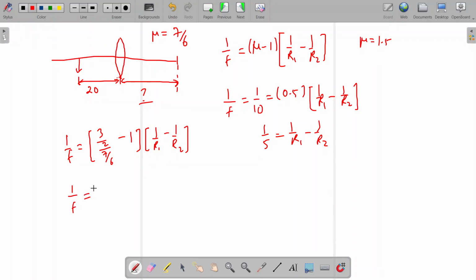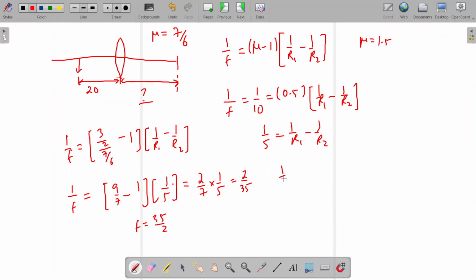So this gives us the value of 1 by f as 9 upon 7 minus 1, into 1 upon 5. This is 2 by 7 into 1 by 5. So that is 2 by 35. So f is equal to 35.